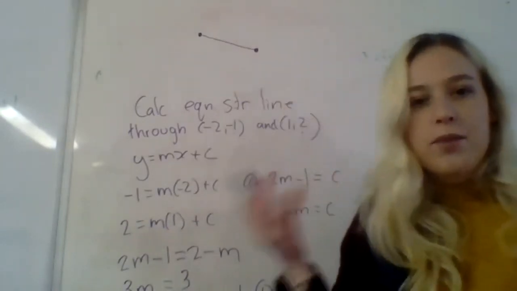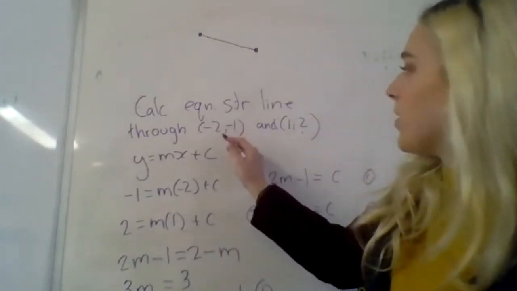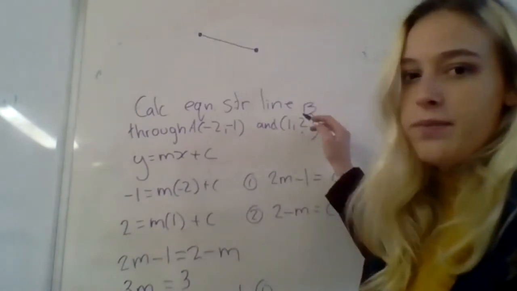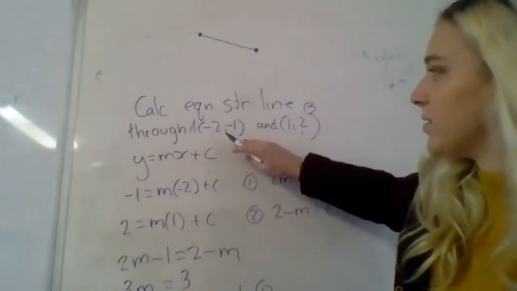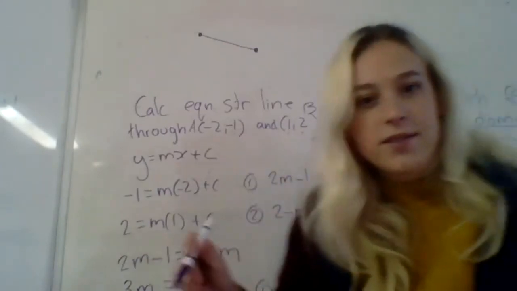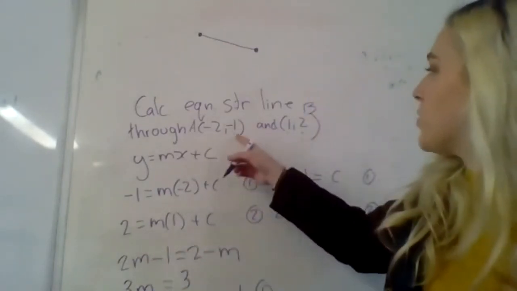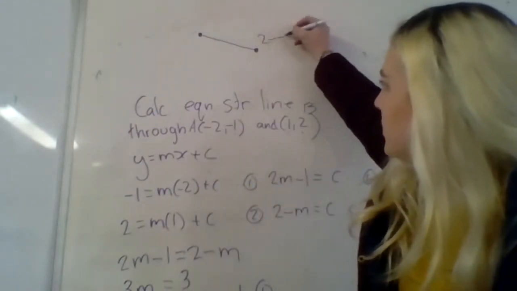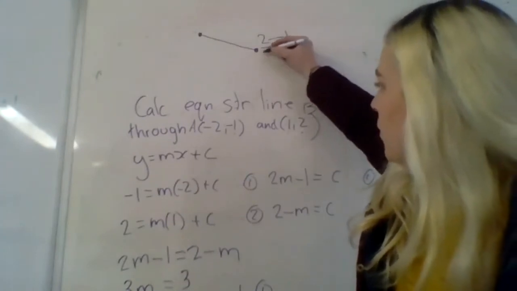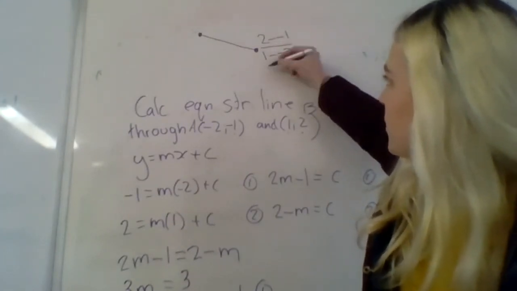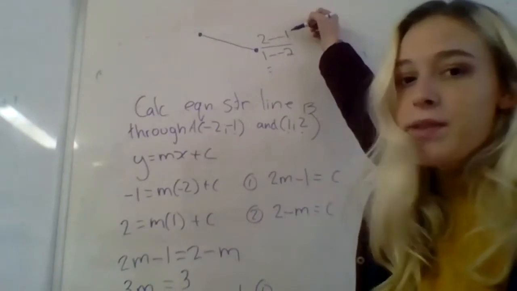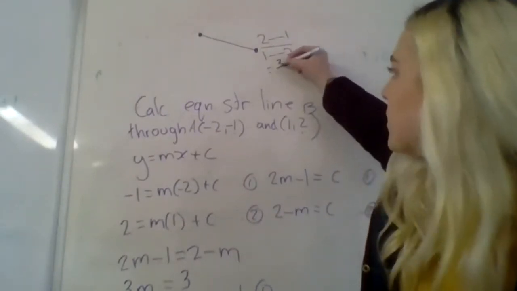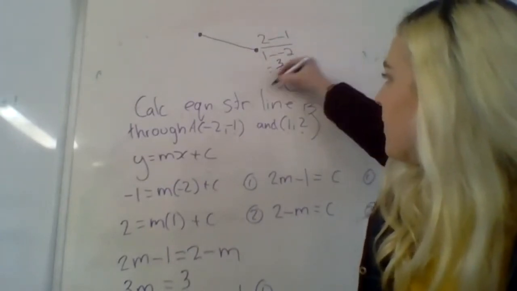We can work out the gradient between point A and point B. M for gradient is change in y over change in x. So we could do 2 minus -1 over 1 minus -2, which gives us 2 plus 1 is 3 over 1 plus 2, which is 3. So that's 3 over 3, which is equal to 1.